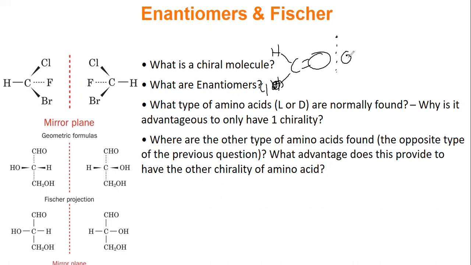When I flip this like that, I can rotate this to fit on my mirror image. It's hard to do on a 2D surface. I don't have a model kit with me, or I would show you that way. But you rotate that 180 degrees, since you don't have groups going out of the page or into the page, it can fit right on its mirror image. So that's the problem I see with G.